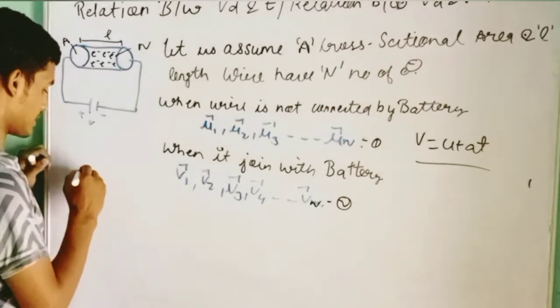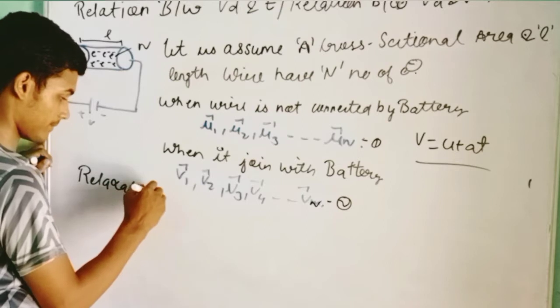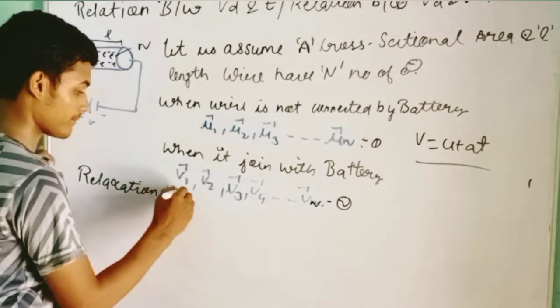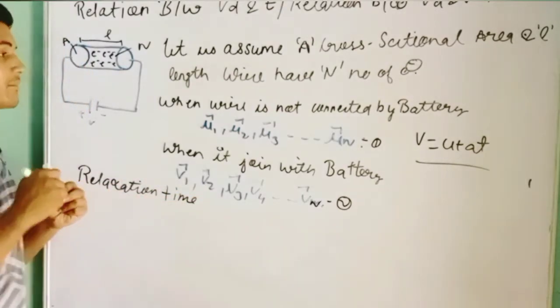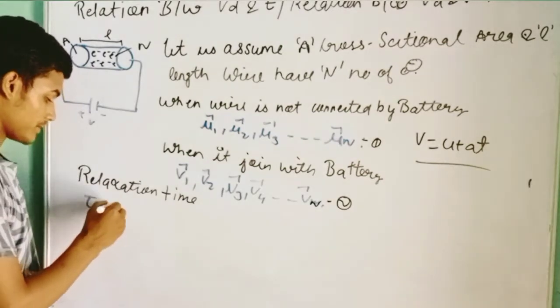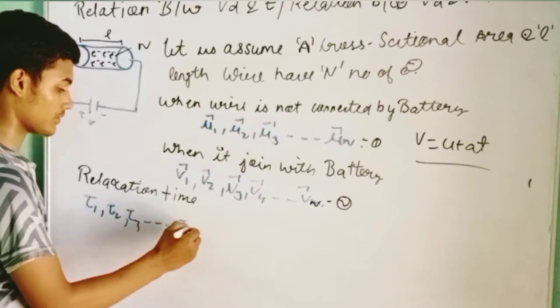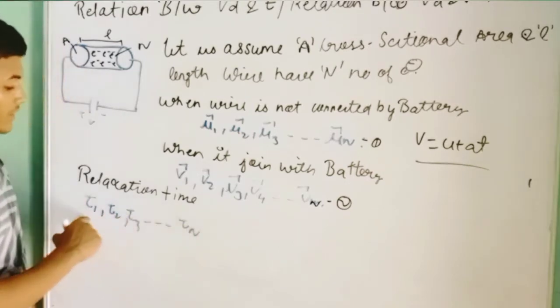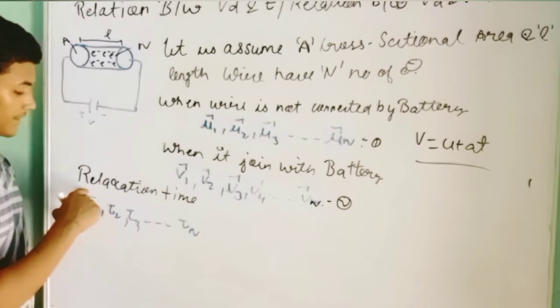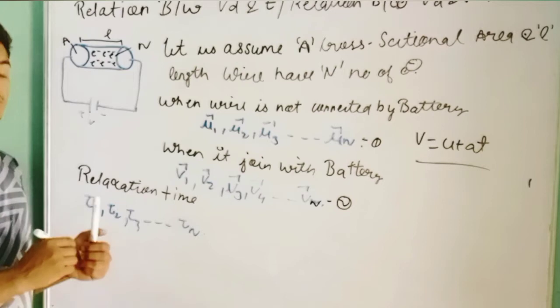So the relaxation time is tau 1, tau 2, tau 3, up to tau n. Why do we not take the direction sign on that? Because time is a scalar quantity.